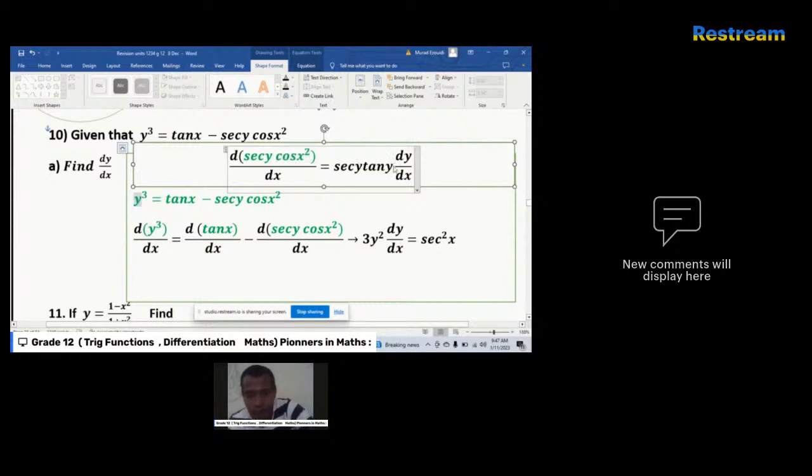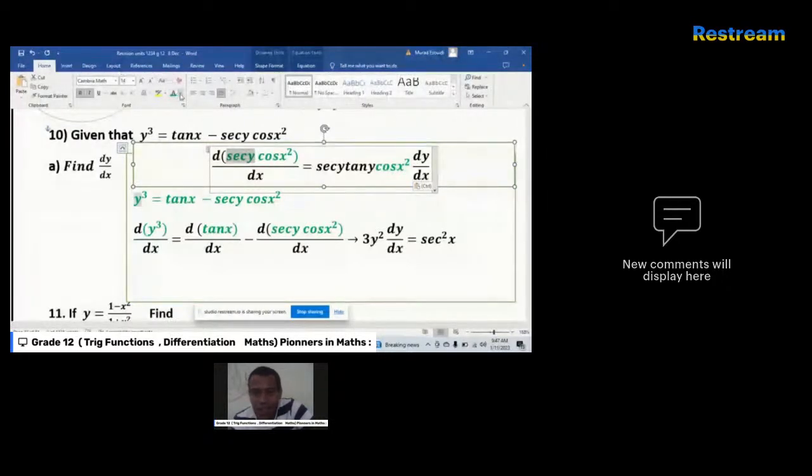Then after that, as I differentiate sec y, it will give sec y tangent y. So the first derivative of sec y is sec y tangent y, also multiplied by dy with respect to x.